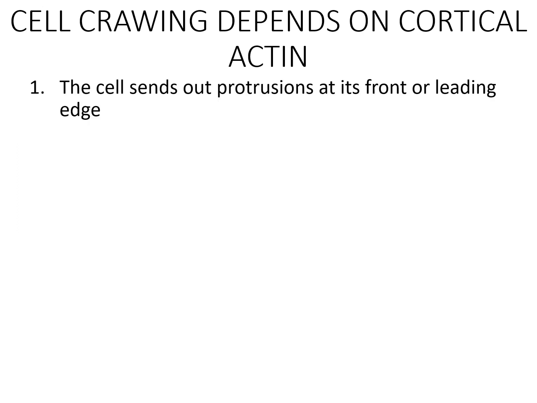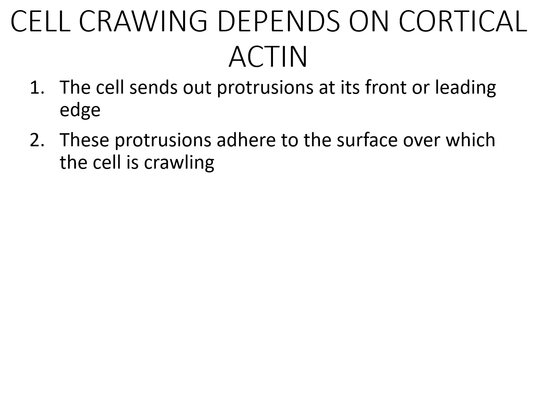First, the cell sends out protrusions at the front, the leading edge. These protrusions have filamentous actin where the plus end is facing the plasma membrane. Actin can polymerize towards the plus end, and that will help to make protrusions in the leading edge. Second, these protrusions adhere to the surface over which the cell is crawling.